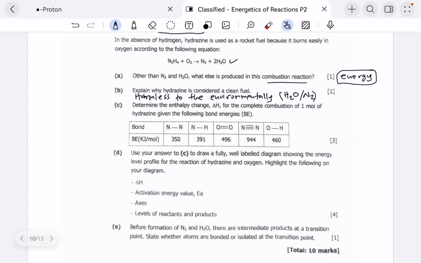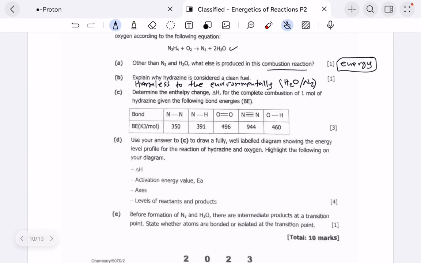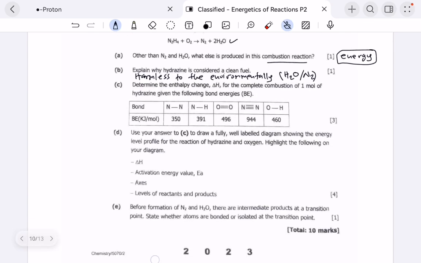Determine the enthalpy change. So how do we determine the enthalpy change of this reaction? To determine the enthalpy change, obviously we have to know the enthalpy of the reactants plus the enthalpy of the products. So what is the enthalpy of the reactants?